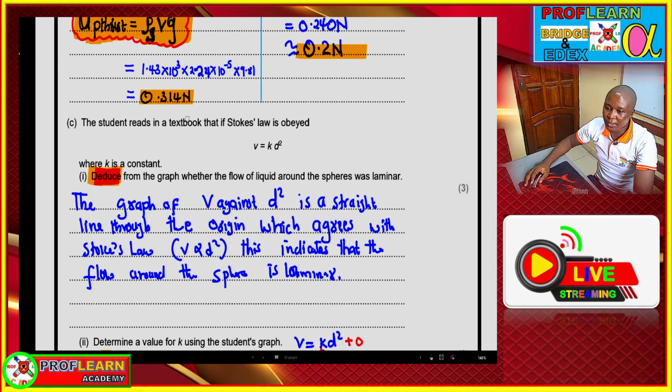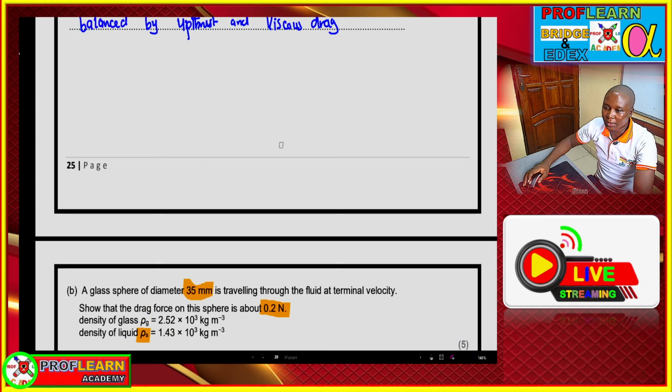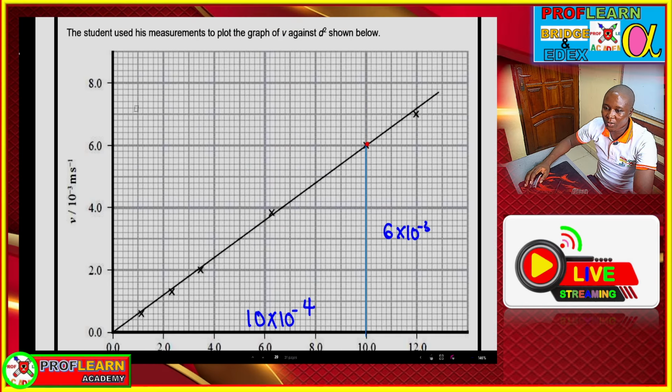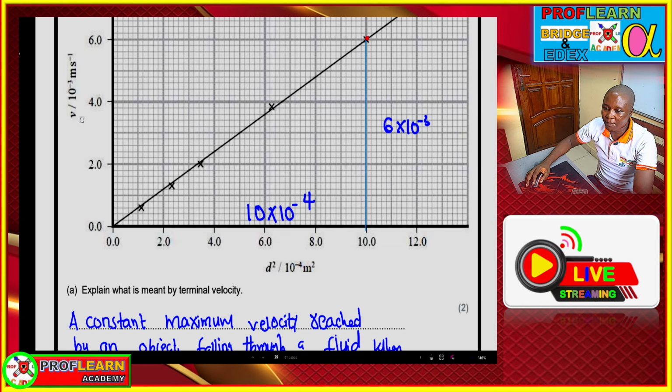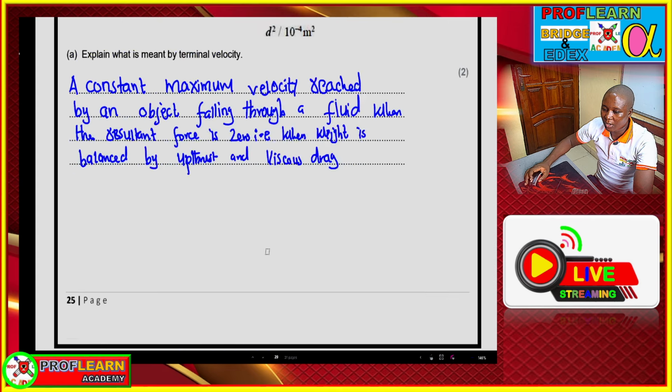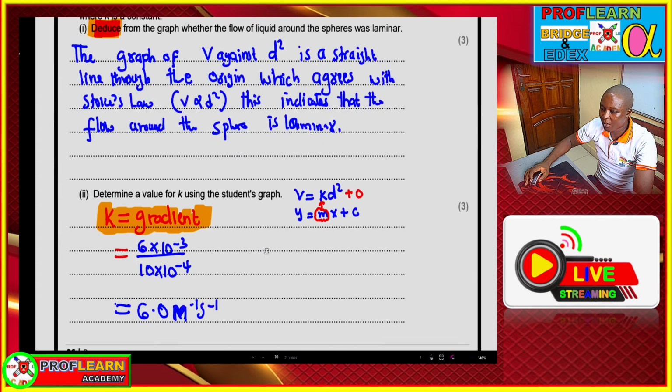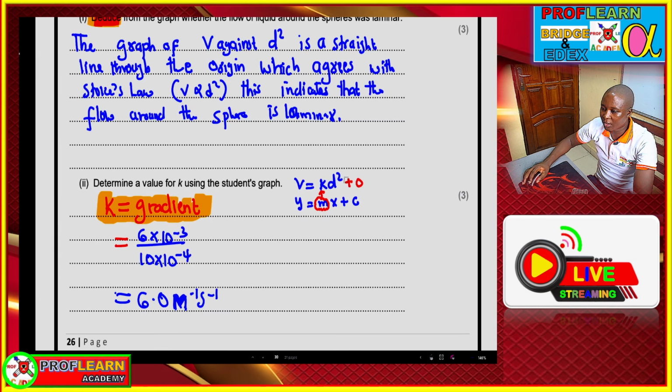The student reads in a textbook that Stokes' law is V equals kd squared. So you can see it is the same graph that has been plotted, V against d squared. So we can say V equals kd squared plus 0, because this line is passing through the origin.